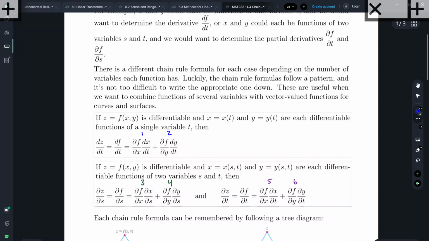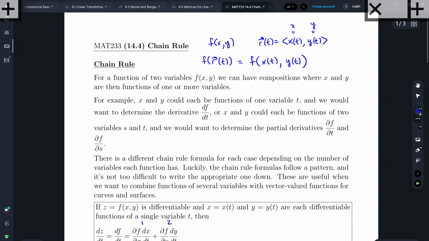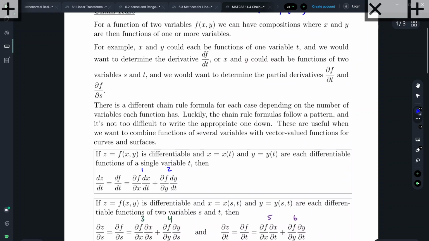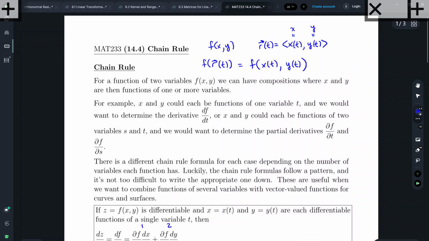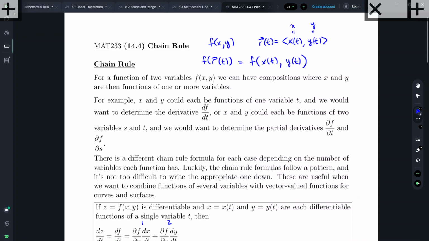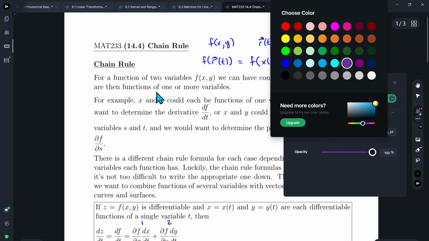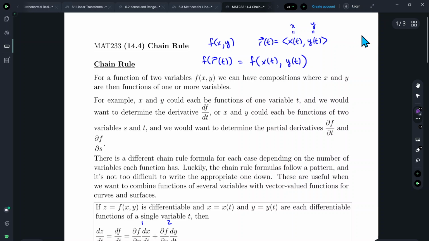I don't have a lot of space here, so maybe I can just cram it into the corner. But imagine you have some surface here. This is not the entire surface, but a portion of the surface.